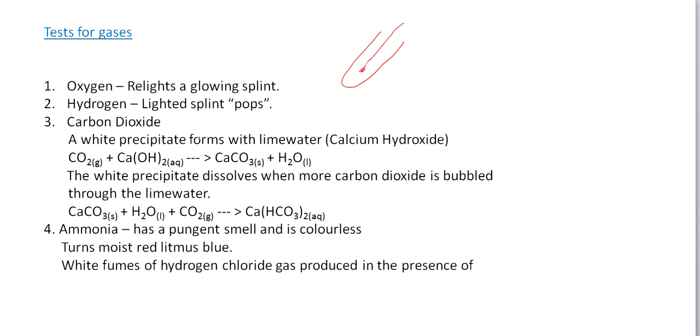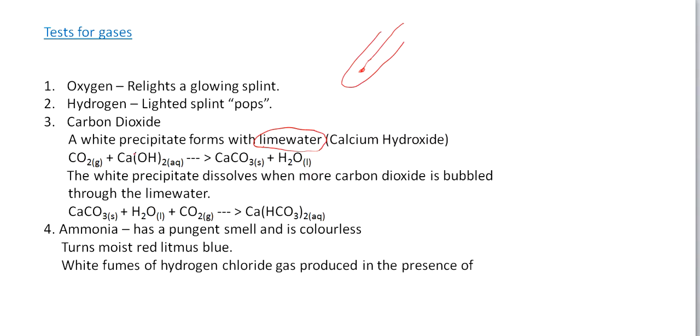To test for carbon dioxide, we use lime water. I want you to avoid using the word lime water and use the term calcium hydroxide, right? So if we bubble carbon dioxide through calcium hydroxide, what we are going to get is a white precipitate.